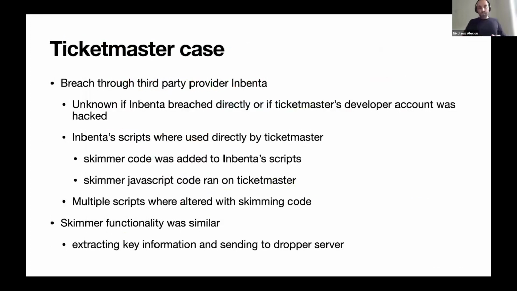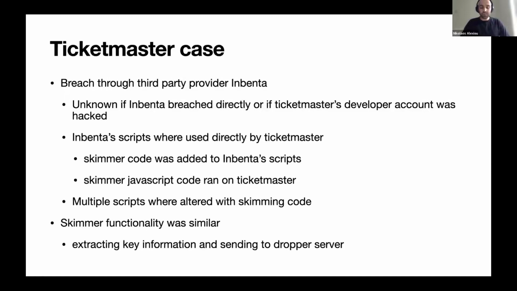This case I want to pick up because it shares some characteristics with the previous case. Of course, they went after the credit card information and they used the drop server and so on. But instead of going directly for Ticketmaster, like hacking directly in their infrastructure, they went through a third-party provider, in this case Inventa, which was a provider of functionality as a third party.